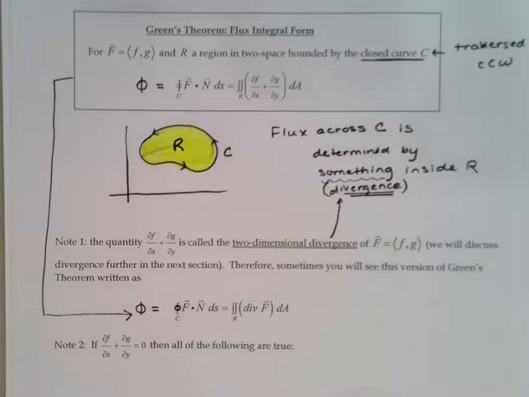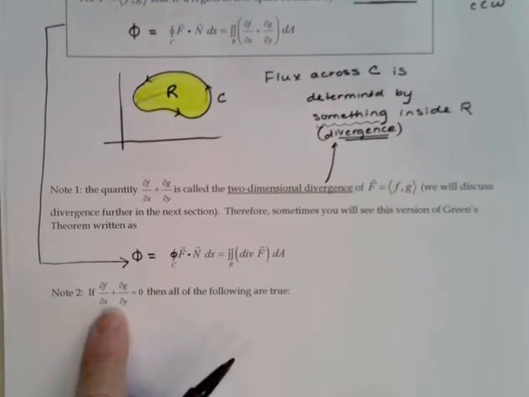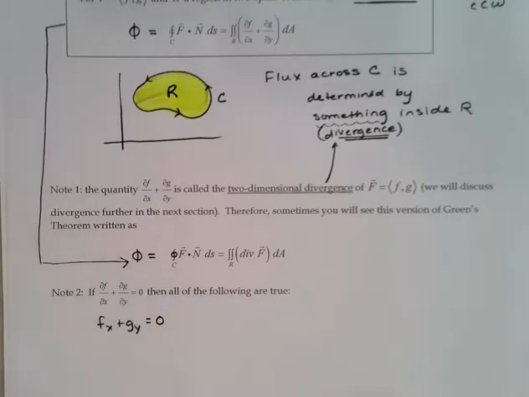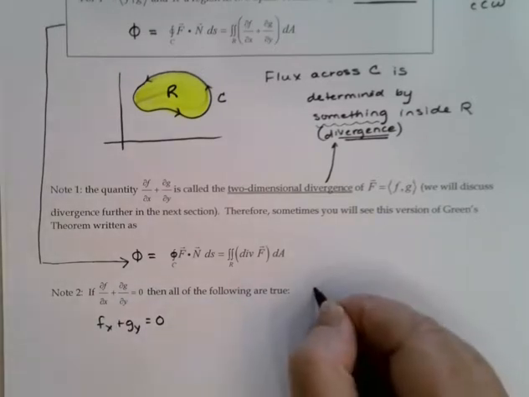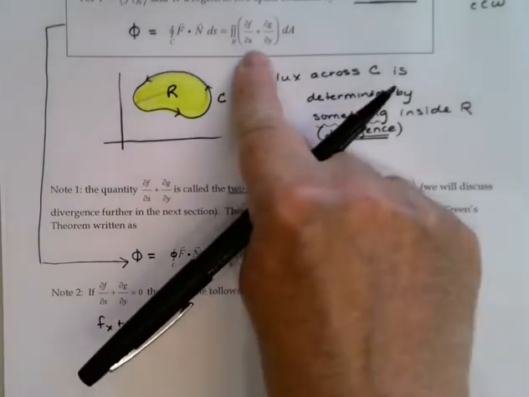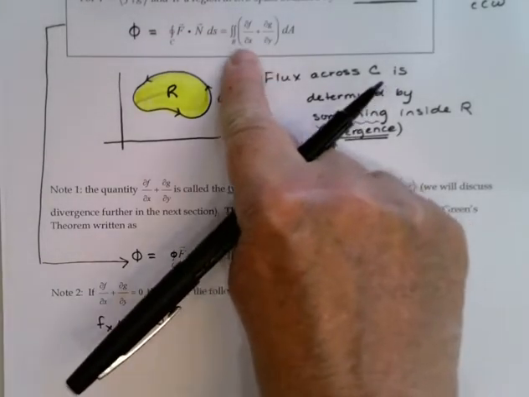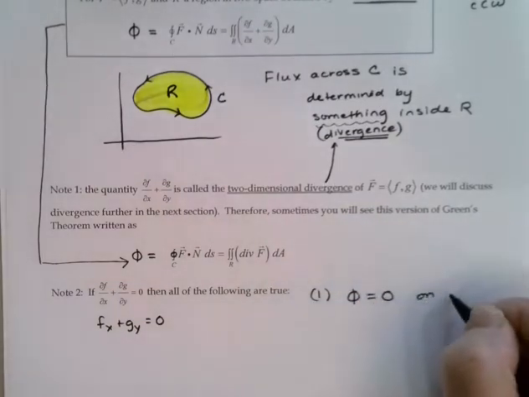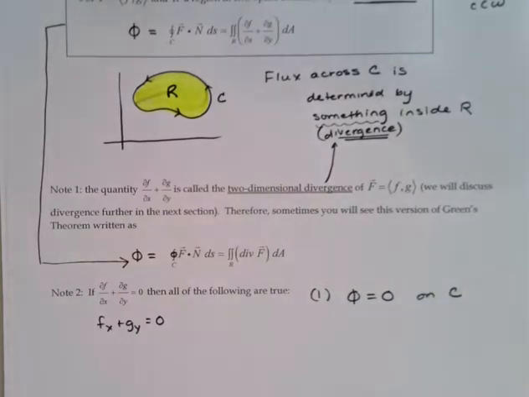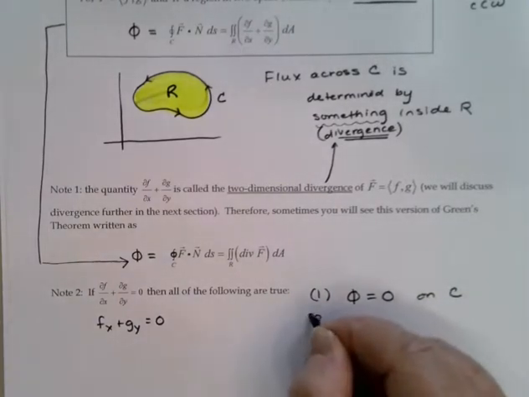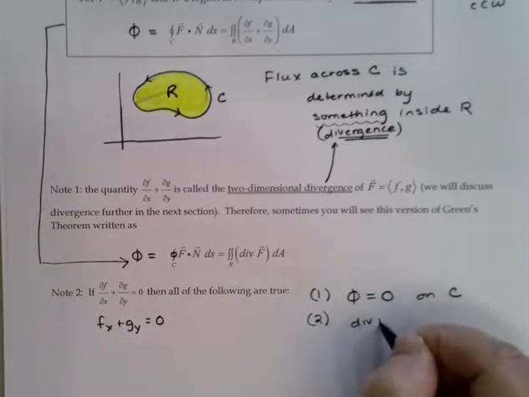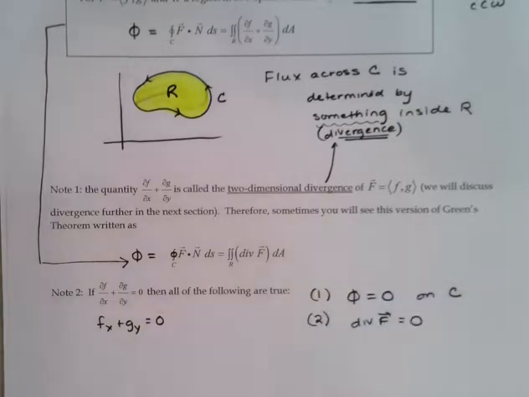All right, second little note. If this divergence, f sub x plus g sub y equals 0, then all of the following are true. First of all, that means that you've got 0 in the integral. So the flux integral is just going to give you 0 on our closed curve C. Secondly, since we've now defined this to be the divergence, we can write that the divergence of f is 0.